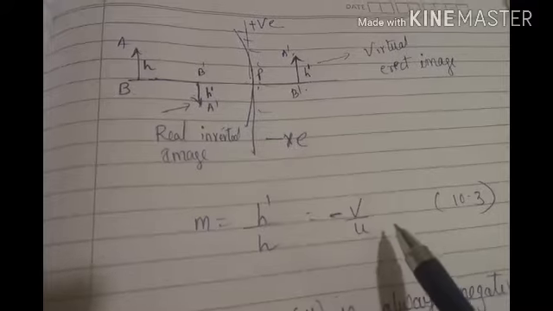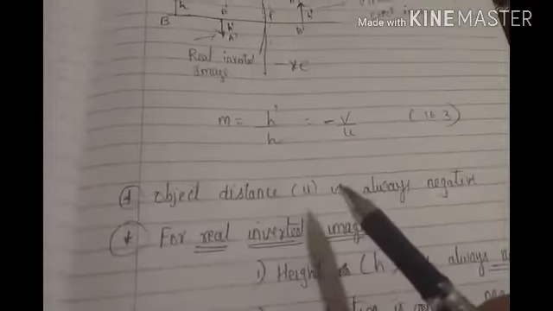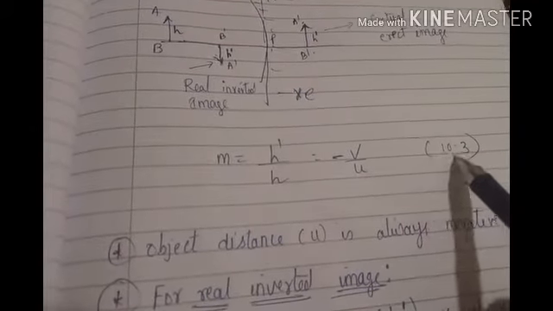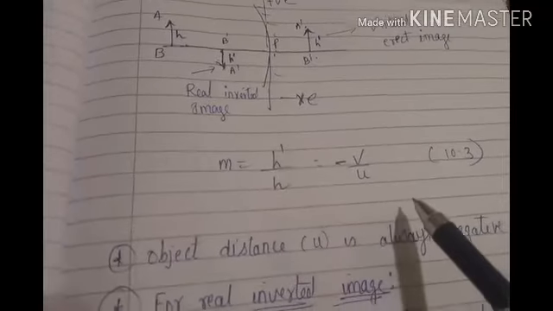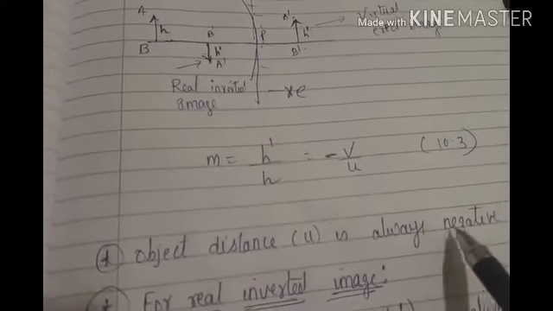Now I will explain. Equation 10.3 is m equal to h dash upon h equal to minus v upon u. I have created these notes for the explanation present below equation 10.3 in the textbook. Now this is about the signs. Object distance u is always negative.